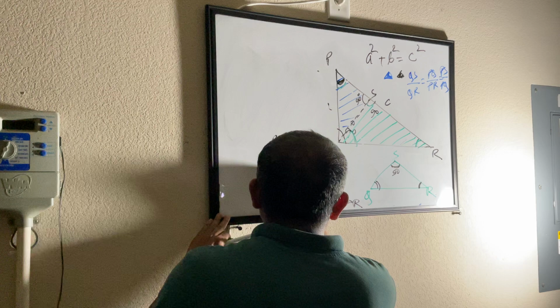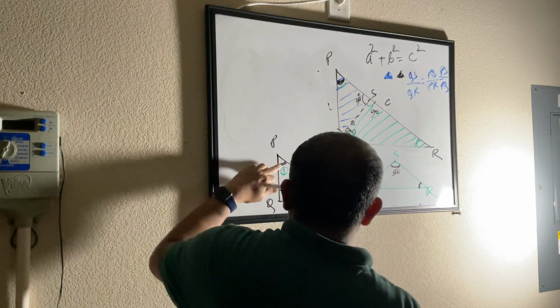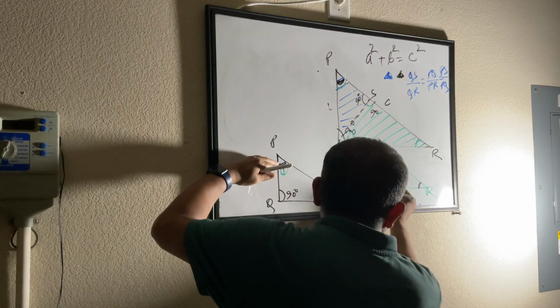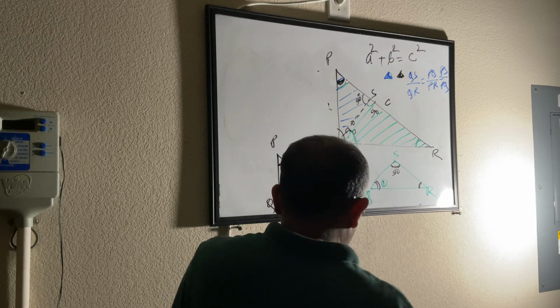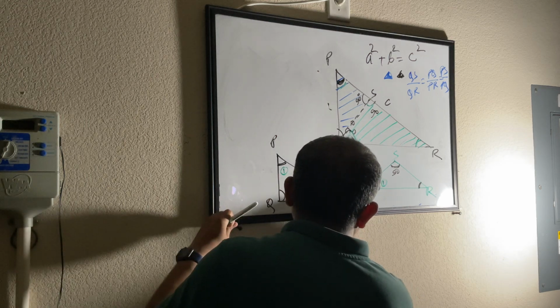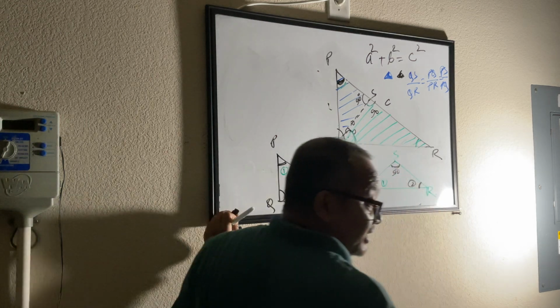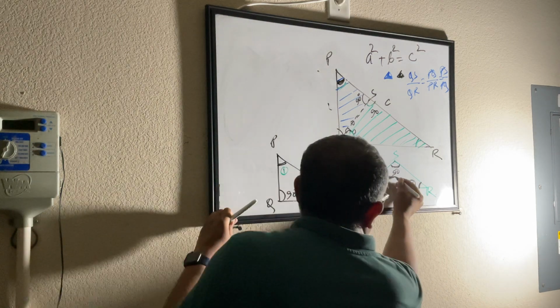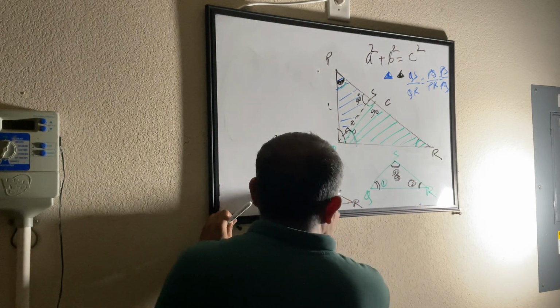So if this is angle 1, this is 1, same as this one. This is 2, this is 2. Careful, careful. This is 3, this is 3.